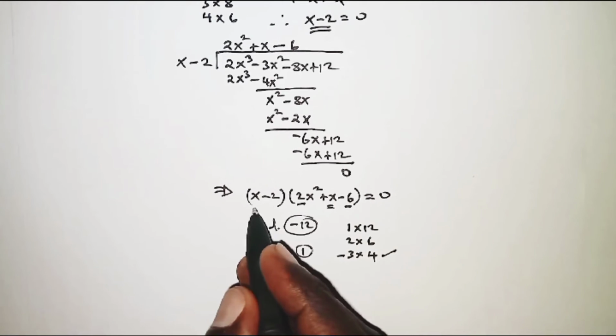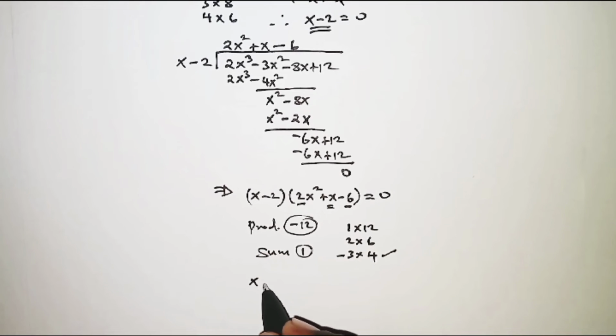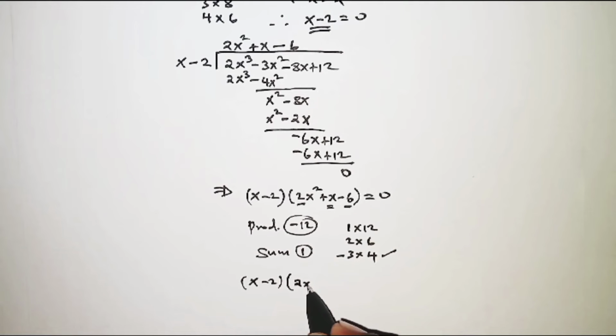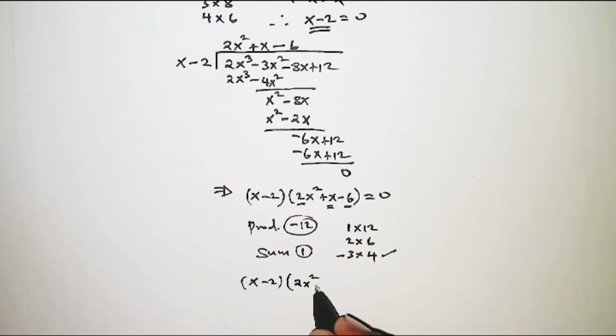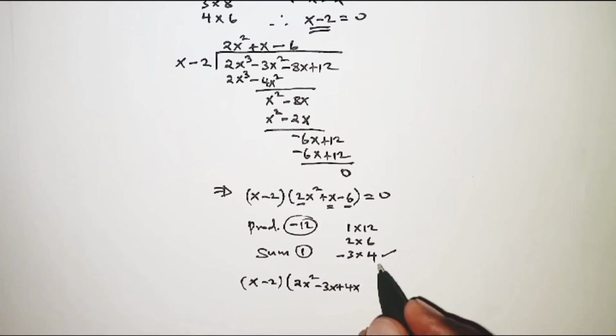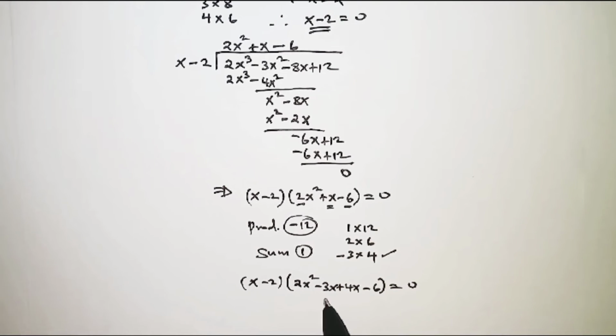So we're going to have, beginning with x minus 2 into 2x squared and replacing x by negative 3x plus 4x. And then finally we have minus 6 is 0. So we factorize by grouping.